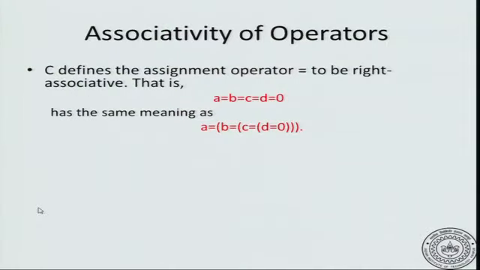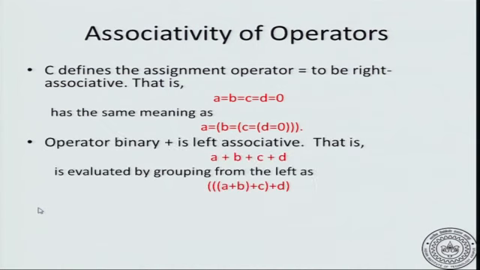Now, we have the concept of associativity of operators. So, what does associativity mean? We have just argued that a equal to b equal to c equal to d equal to 0 will be evaluated from right to left, right? So, it is as though we had parenthesized the expression as d equal to 0 innermost, then c equal to that, then b equal to that, and so on.